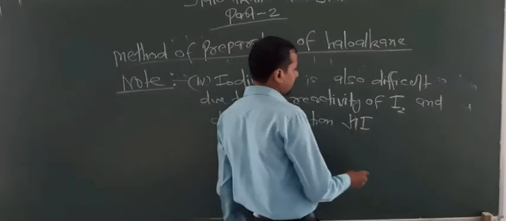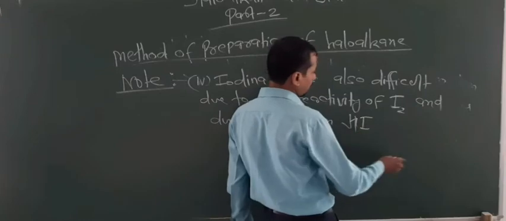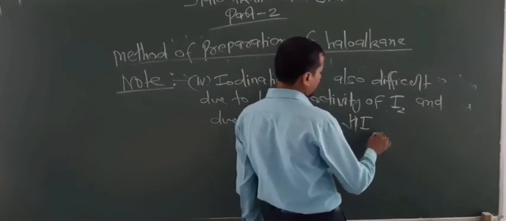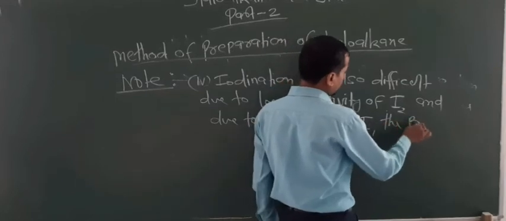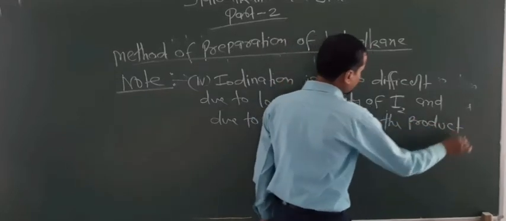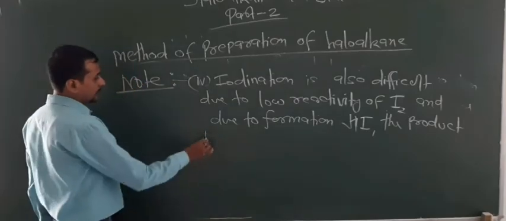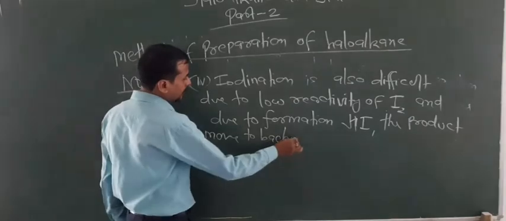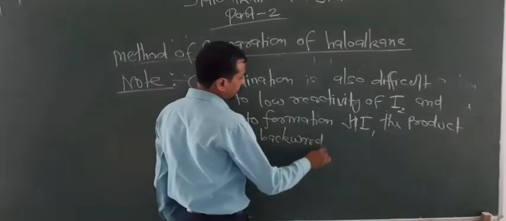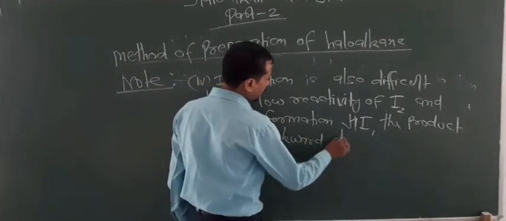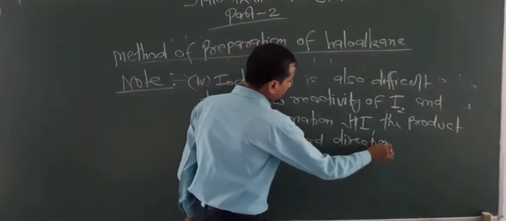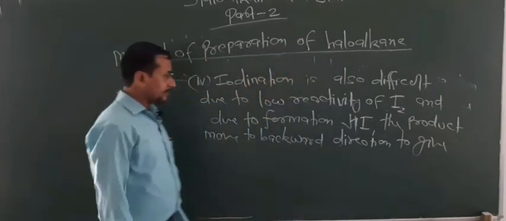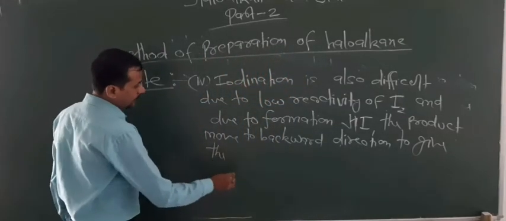So due to HI, the product moves in the backward direction to give the reactant.